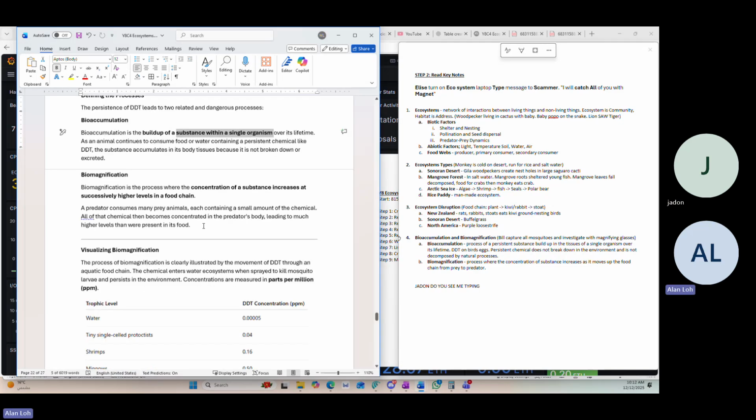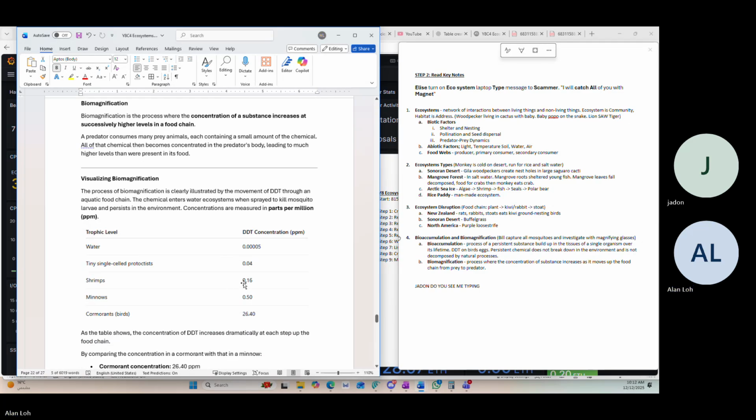What does it mean? The shrimp eats algae or plants, and the shrimp has a higher DDT concentration than the plant. 0.04 is the plant, 0.16 is the shrimp.